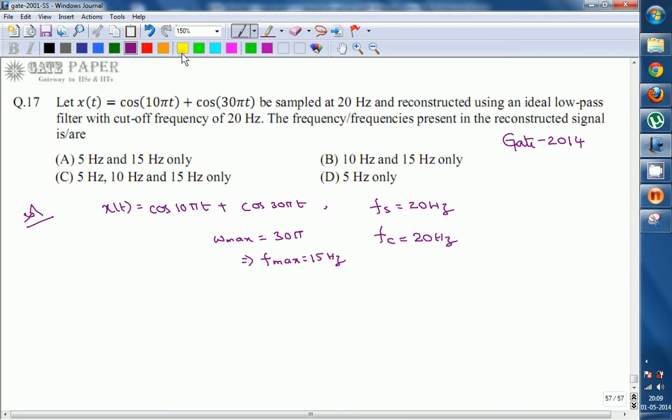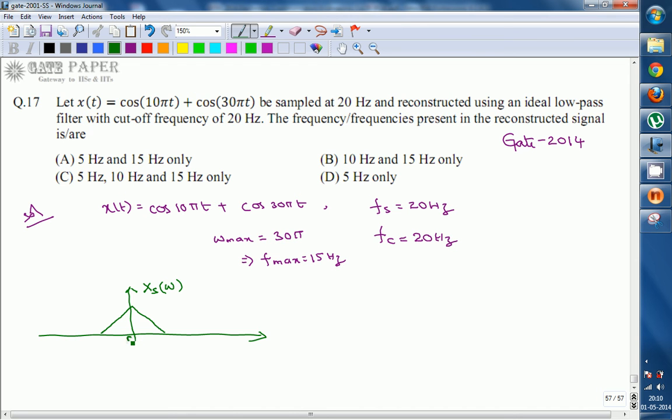So by observing the Fourier transform of the sampled signal, let us consider this as xs of omega.